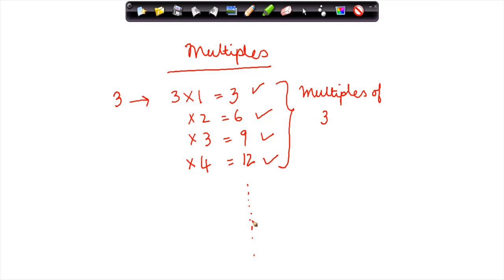The number which is the product that comes out once you multiply 3 by all these is called the multiple of 3. And this list is endless. One of the common things is that each of these numbers is exactly divisible by 3.